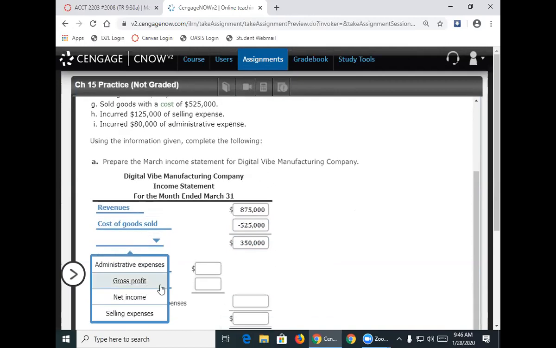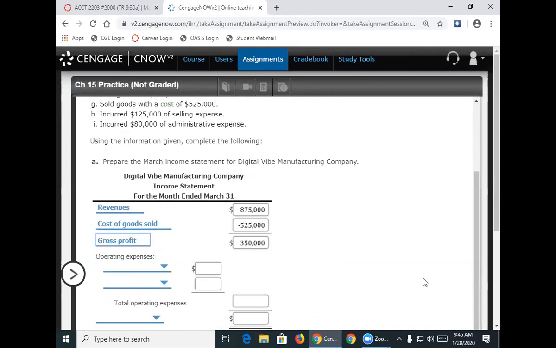Very good. Gross profit. So revenues or sales minus cost of goods sold equal gross profit. Then it's just asking for operating expenses, because my cost of goods sold is all of my product costs. So I'm including materials, labor, and overhead, what was actually used in the period.